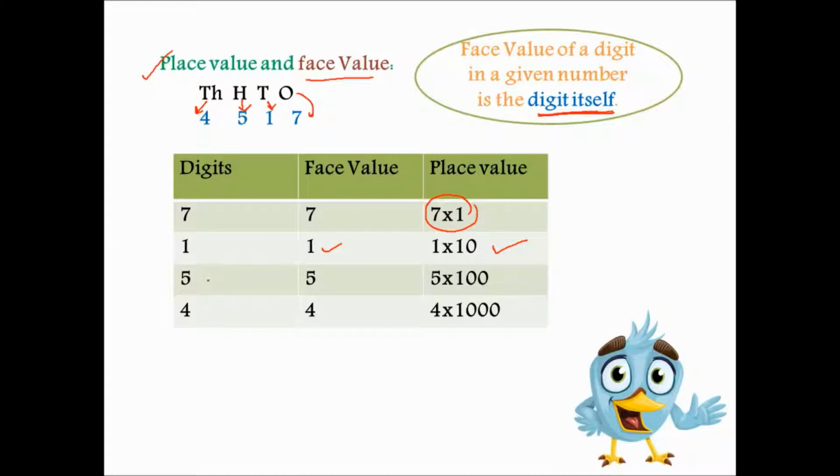What about 5? Similarly, the face value of 5 is 5, and since it is placed in the hundreds place, the place value will be 5 into 100. And for 4, the face value is 4 itself, and the place value is 4 into 1000. Simple, easy. There is nothing to worry about. It's very easy to understand.